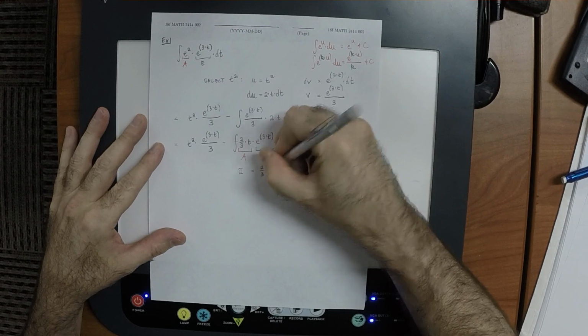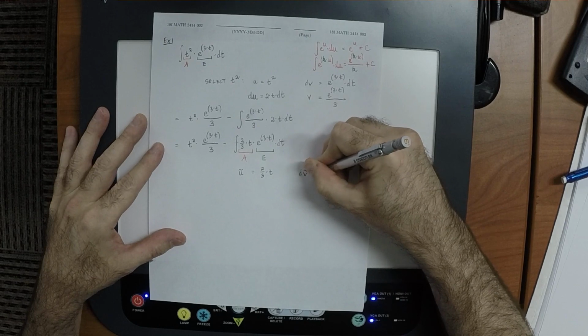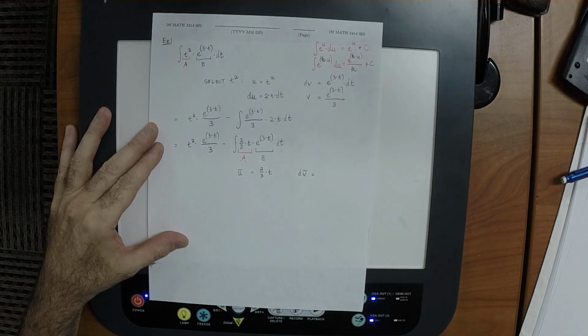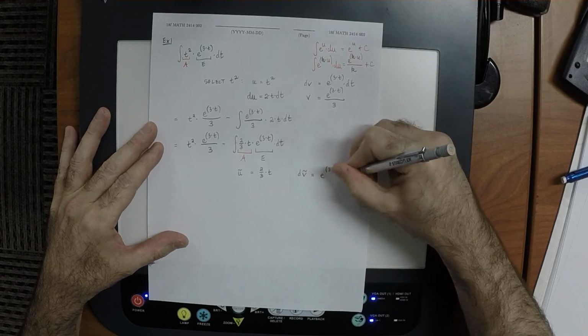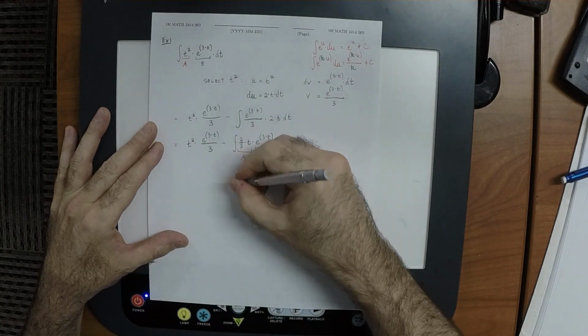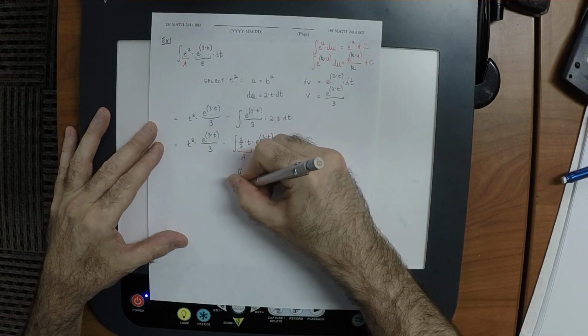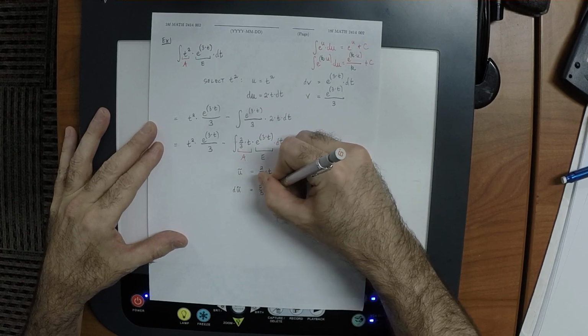So u party hat is 2/3 t, and then dv party hat should be what then? Everything else. So exponential 3t dt. All right. So then from u party, we can find du party is 2/3 dt.